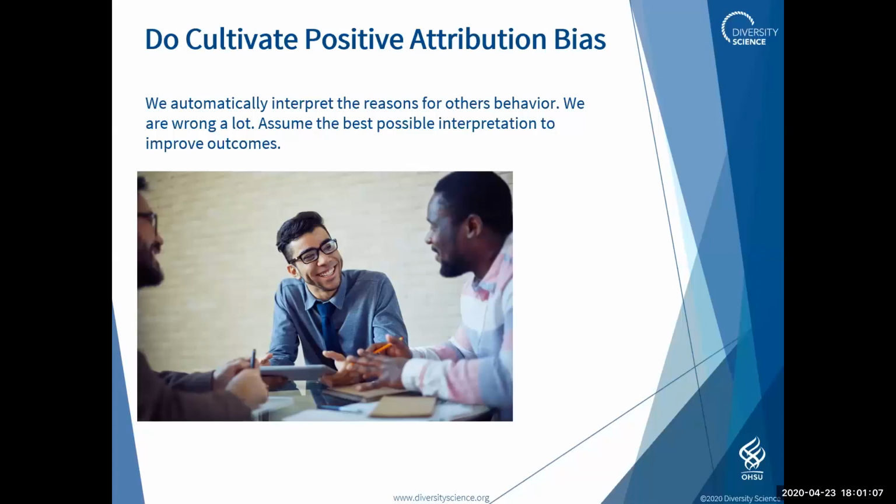So one strategy is to assume the best intentions. An interesting thing about us is that we, as a species, always want to come up with a reason why everyone else is doing something. We can't help ourselves. We're wrong a lot, and positive attribution bias, at least if it's wrong, is less likely to cause harm.